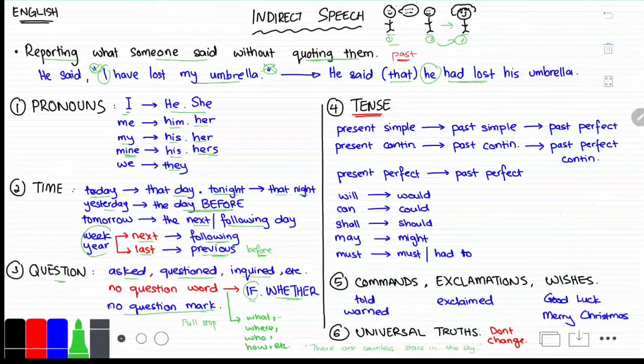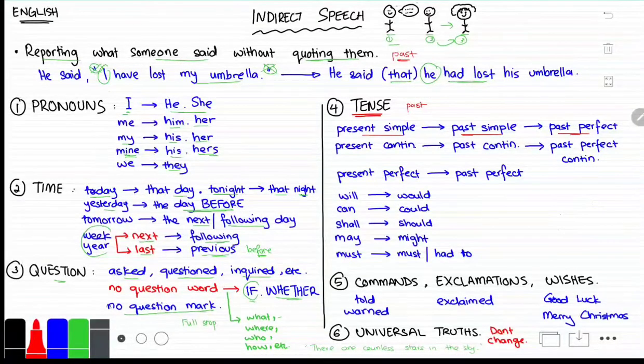Coming to the bulk of it, what happens to tenses in indirect speech? As I said before, I want you to think about indirect speech as more in the past. So if you have a present simple tense, we change it to a past simple tense. And if we have a past simple tense, we change it to a past perfect tense.